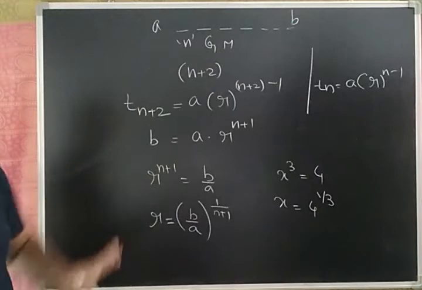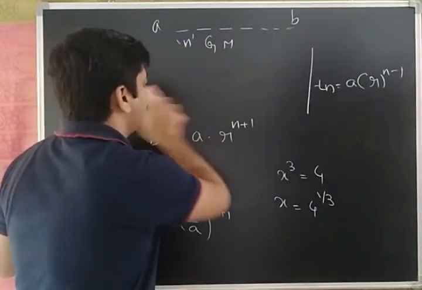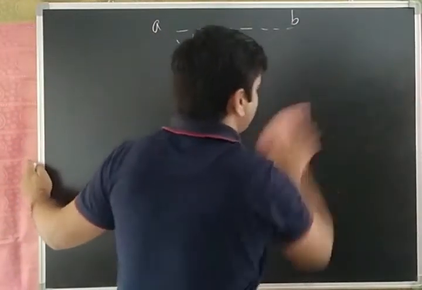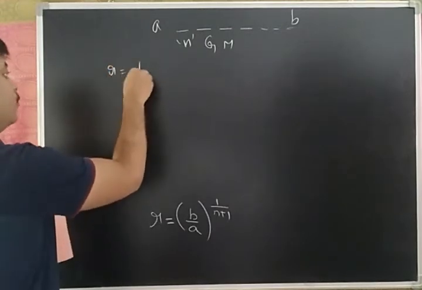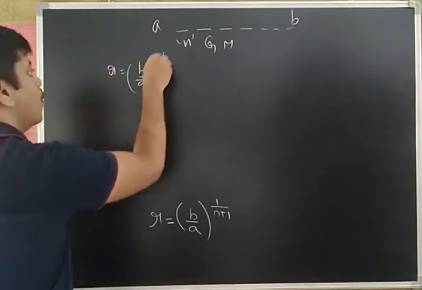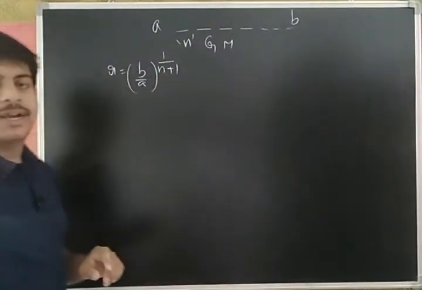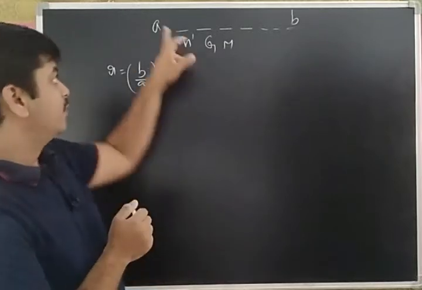Correct. I'm erasing all this. I'm just writing common ratio, and then we will try to see what are the other elements. So we have common ratio is equal to b by a whole power 1 by n plus 1. Now, what are we supposed to find? We have to find all the n geometric means. The first element is a.